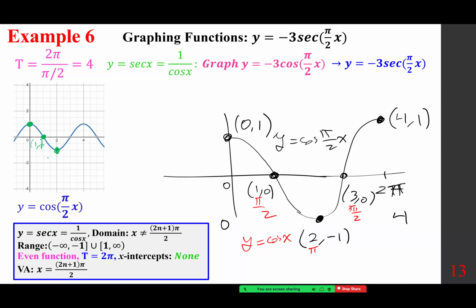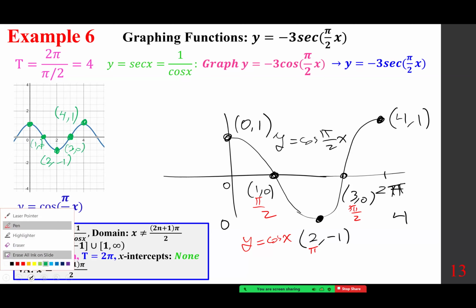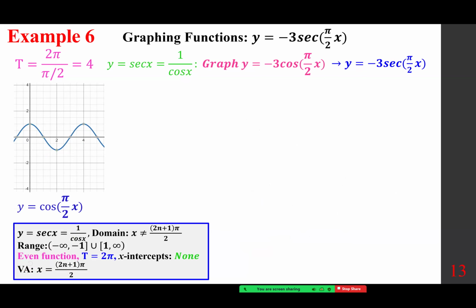This is what? 2, -1. 3, 0. 4, 1. Okay, just the way I have it. You don't need the numbers. It's clear. So let me clean up everything and just do those points. Okay. All right.